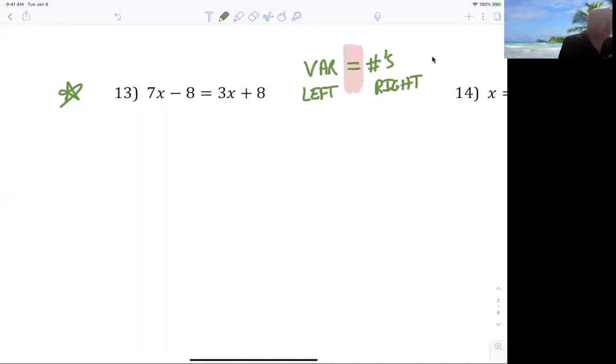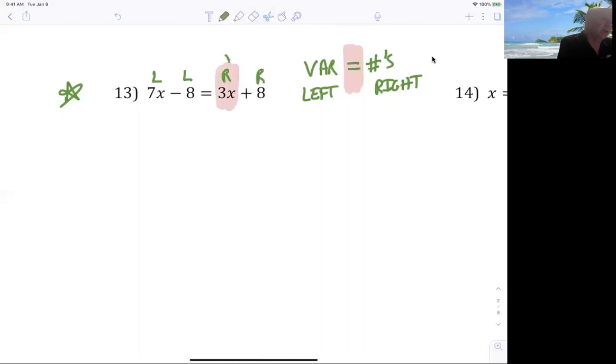So if you look at this, the 7x is on the left side, the negative 8 is on the left side, the 3x is on the right side, and the 8 is on the right side. I want the variables on the left side. So that means this guy right here is not in the right spot.